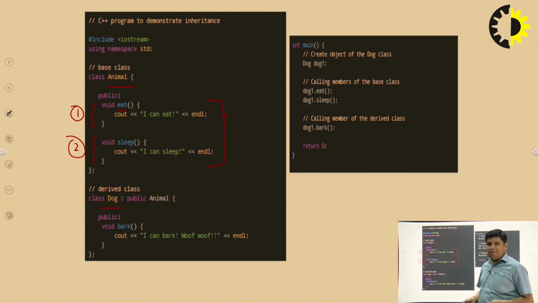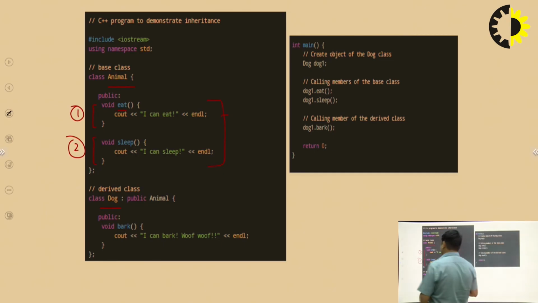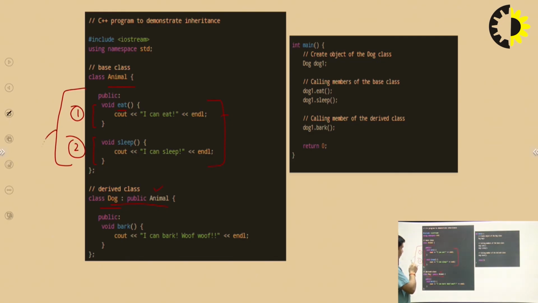But I have a beautiful concept called inheritance. So I just inherit the animal class. Now dog is a child class and animal is a parent class. It means all the properties of the animal class are by default inherited in the dog class.